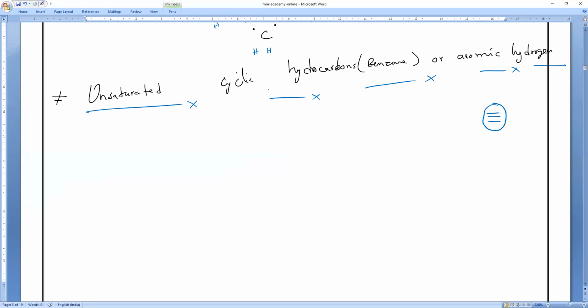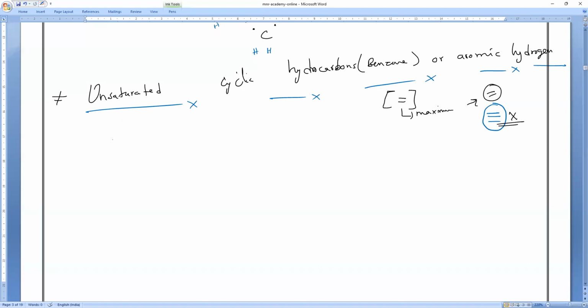In unsaturated cyclic hydrocarbons, the maximum bond we get is the double bond. Do you understand, guys? All of you, please respond.